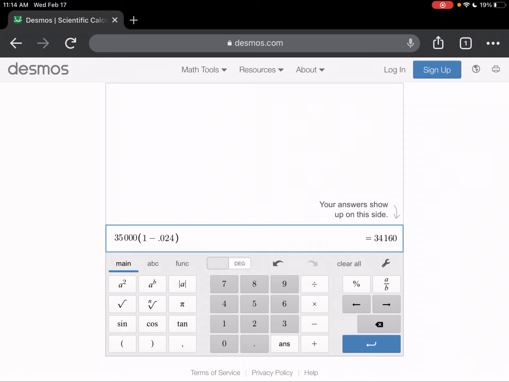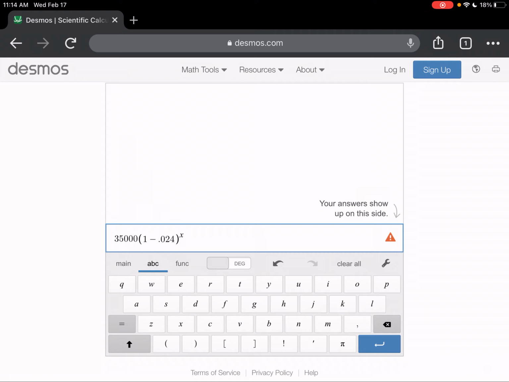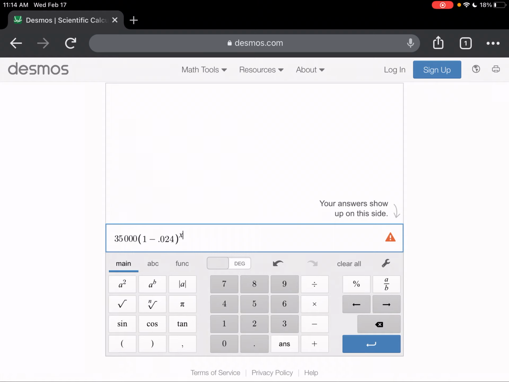And then we want 2 to the x. So I press that little A to the B button. And that is our equation. Now our x, we know, now is 4. So I'm going to make that 4, and there's our answer.